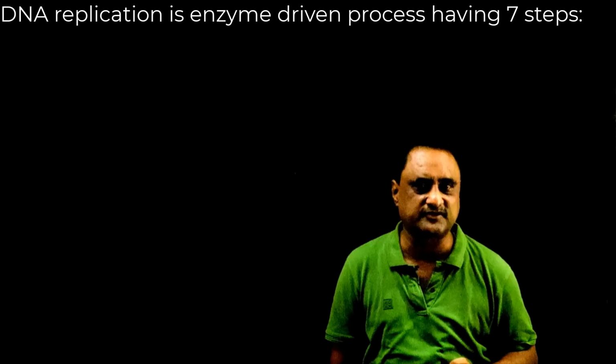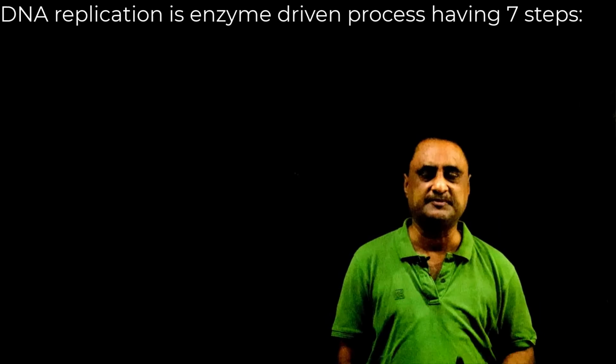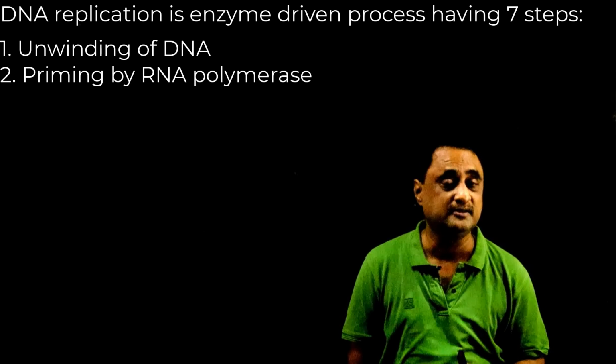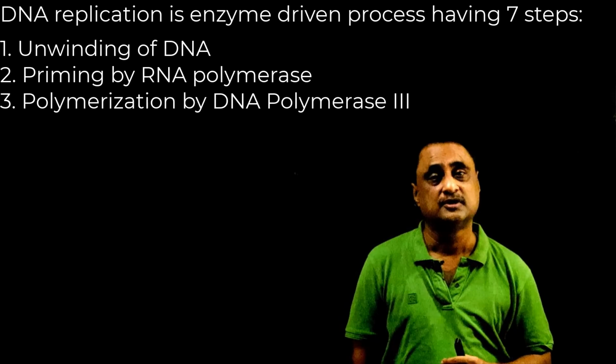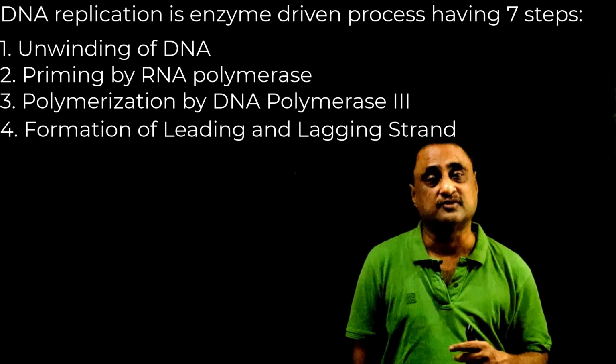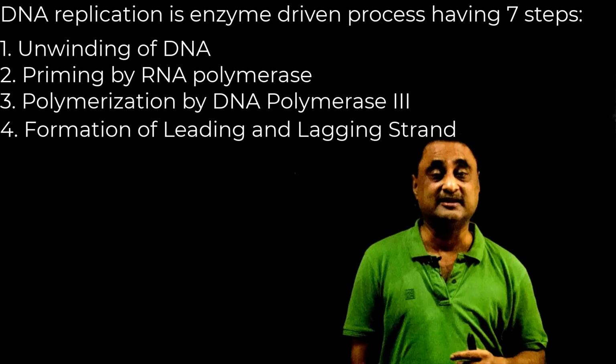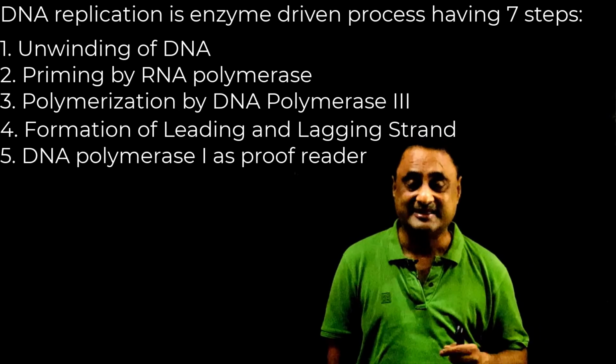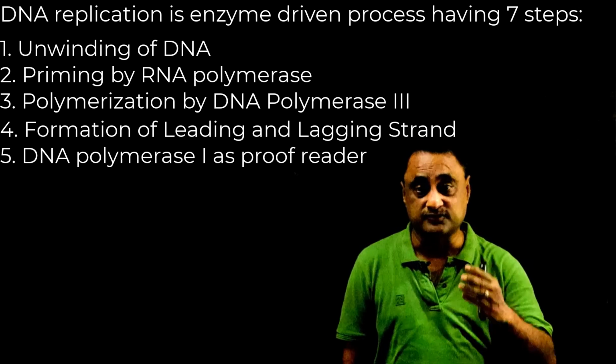That's all for today. So let's conclude what we have discussed. We have discussed DNA replication, and we discussed that DNA replication is an enzyme-driven process altogether divided into 7 steps. The first step was unwinding, followed by priming, then polymerization, followed by the formation of leading and lagging strands, then the role of DNA polymerase 3 came, then the role of DNA polymerase 1 came.